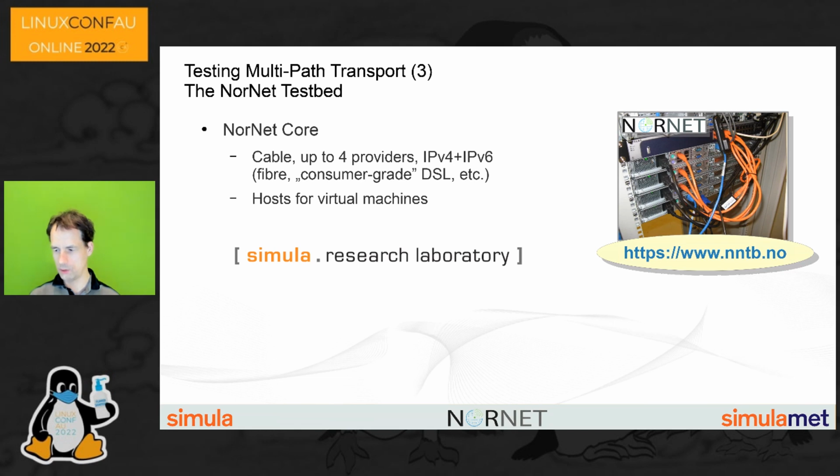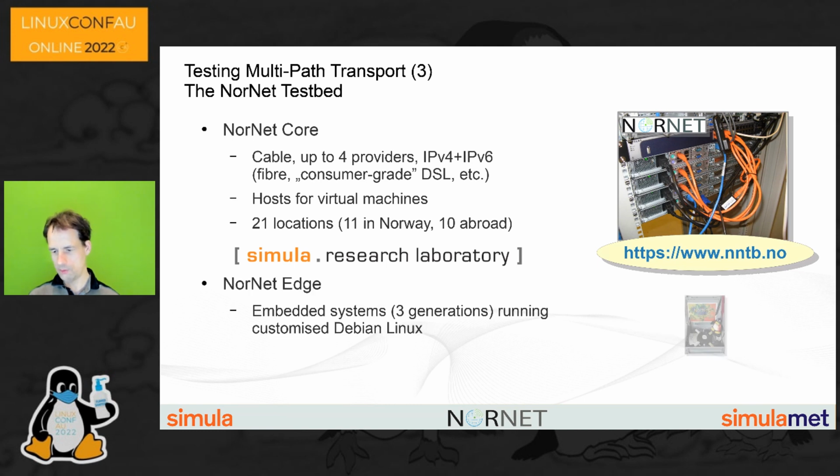NorNet Core is the landline part. This is what I, in this talk today, will introduce in a bit more detail, which connects such server setups as in the figure at different sites with up to 4 ISPs. And we had 21 locations with 11 in Norway and 10 abroad.